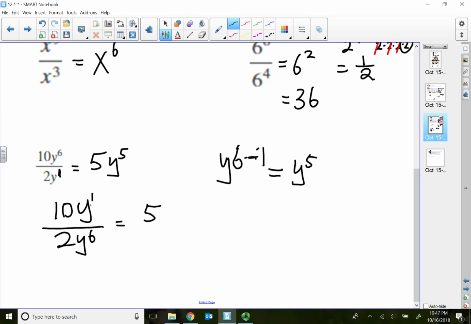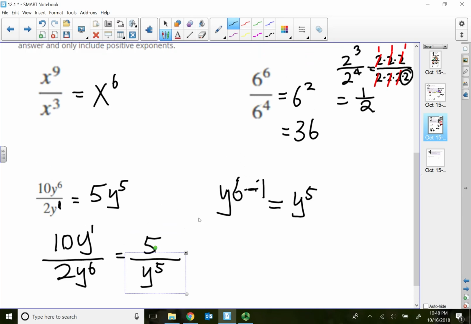When I cancel them out, the bottom should have 5 extra y's being multiplied. That automatically puts y to the 5th in the bottom. That's why I got y to the 5th down here. But 10 over 2 is 5, and that 5 is over 1, so that puts the 5 on the numerator.